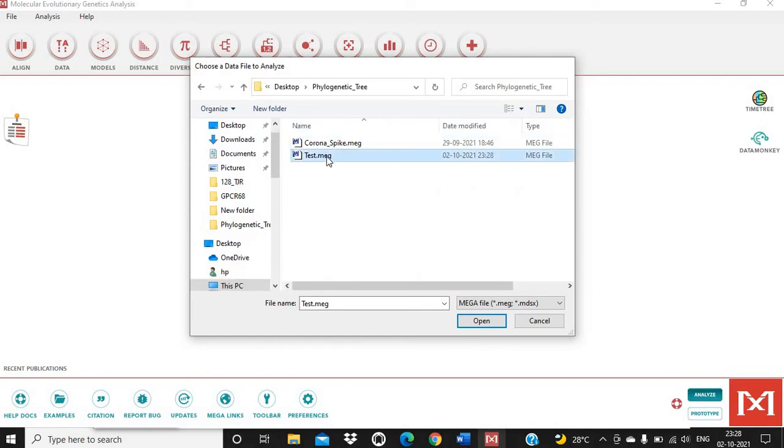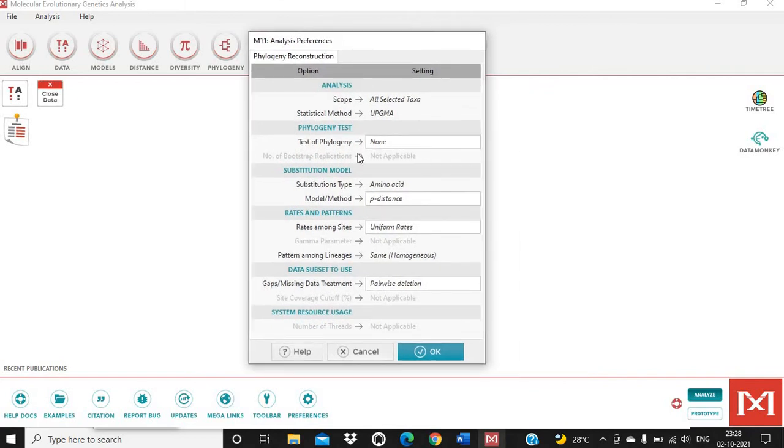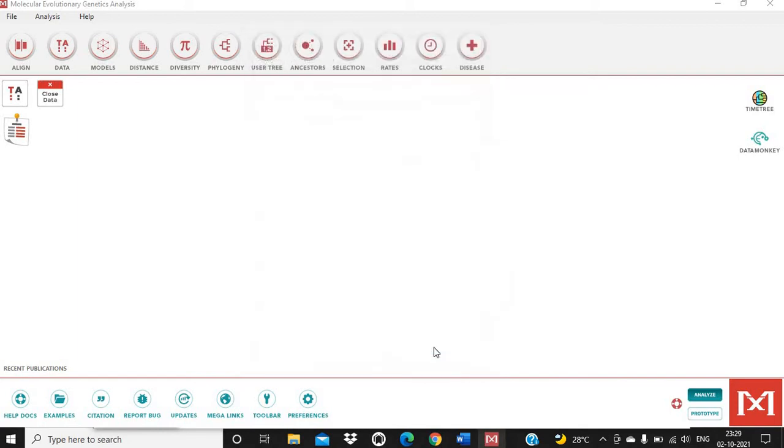So this is the test.meg file, and the model is p-distance. You can select other options also, but here I have shown how to use the p-distance to construct the phylogenetic tree. That's why you have to select p-distance here, and the rest of the options you don't have to change. And then press OK.